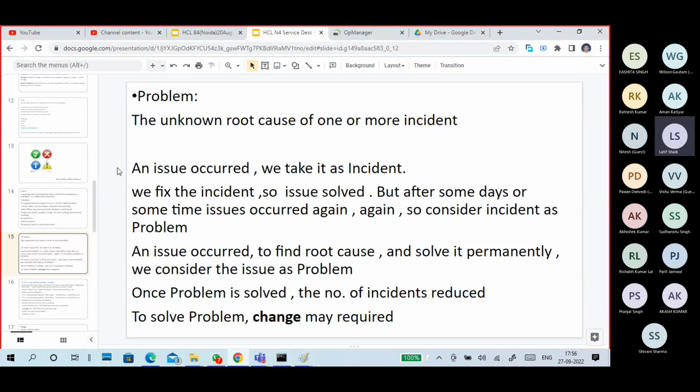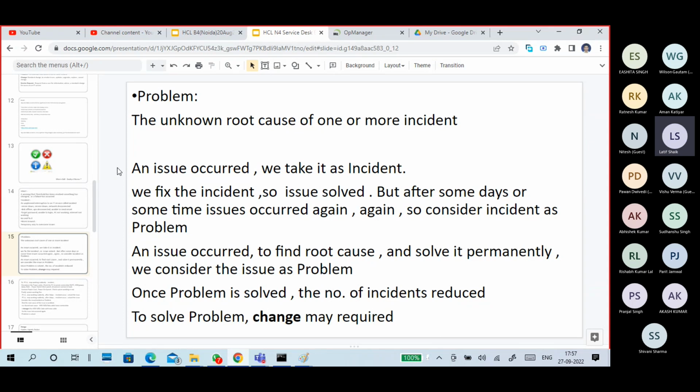There is also a status: it is just created, not yet started on a solution. That is the status, ticket is created.